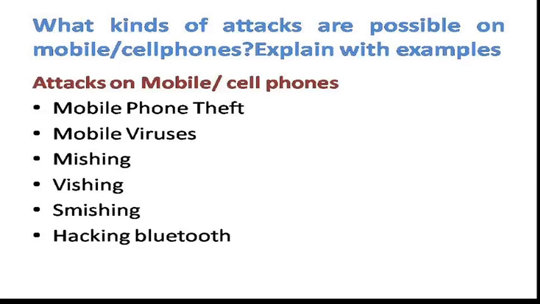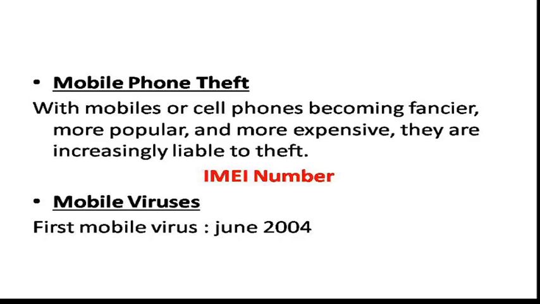Okay, so first one, it is mobile phone theft. Mobile phone theft is nothing but stealing of mobile phones by another person, or losing mobile phones ourselves without noticing it. Unnoticeably we will leave our phones and forget, and that is another way of losing the phone.